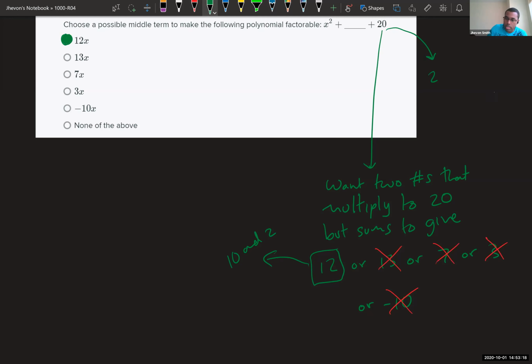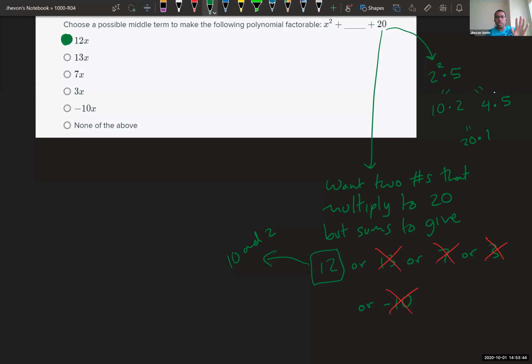So 20, it's actually 2 squared times 5, right? So there are a bunch of ways that you can break that down. You can take the 10 times the 2. You can also take the 4 times the 5. You can also take the 20 times the 1. These were pretty much all the factors that we could use here, just using a combination of two 2s and a 5.